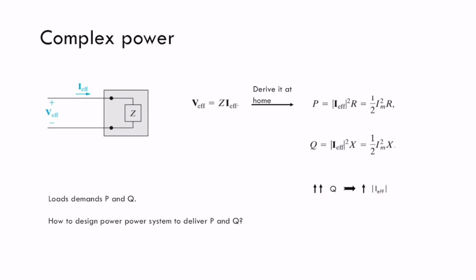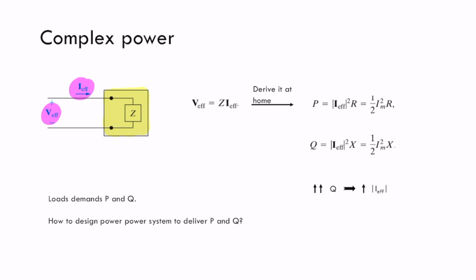Let's assume we have a system with an equivalent impedance Z, and I'm giving you the equivalent phasor for the effective current. This effective phasor represents the sinusoidal wave with the effective values, and I'm also giving you the effective voltage phasor.